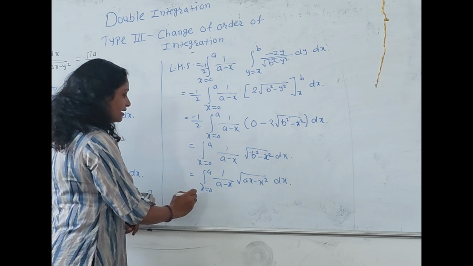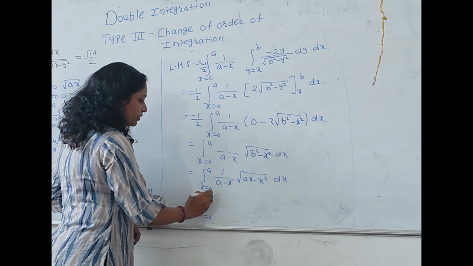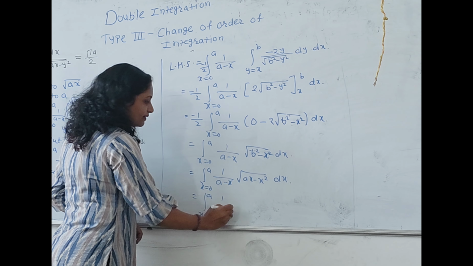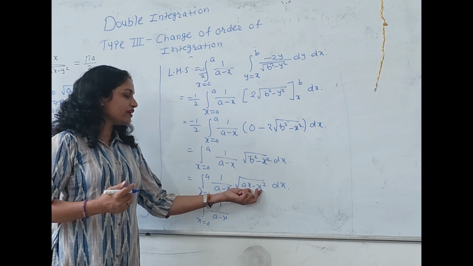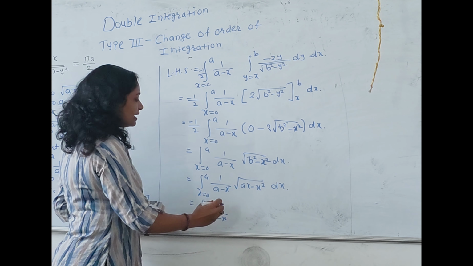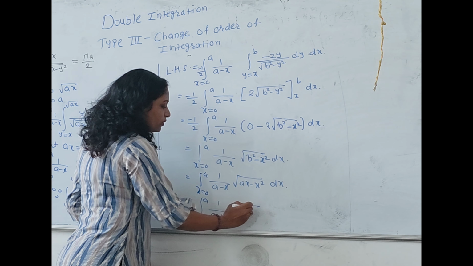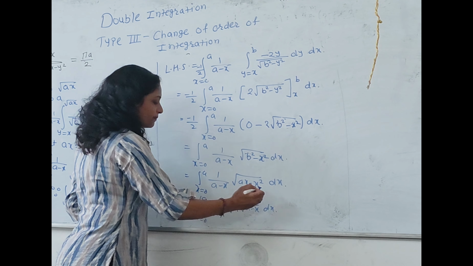So we may write this as x equals 0 to a, 1 upon a minus x. If we take x common here, we may write this as root x root of a minus x dx.